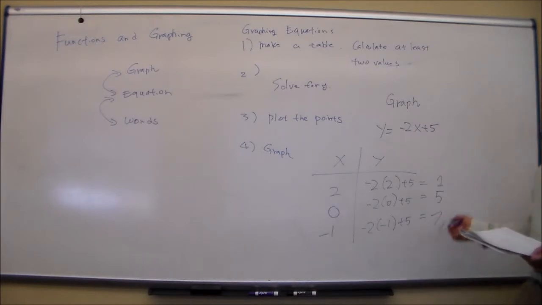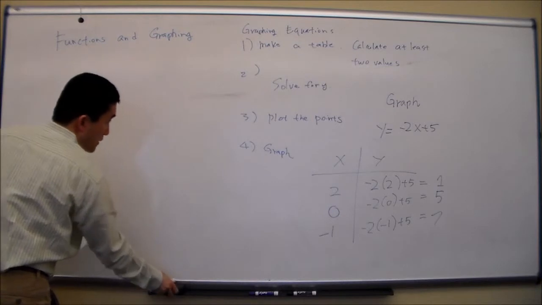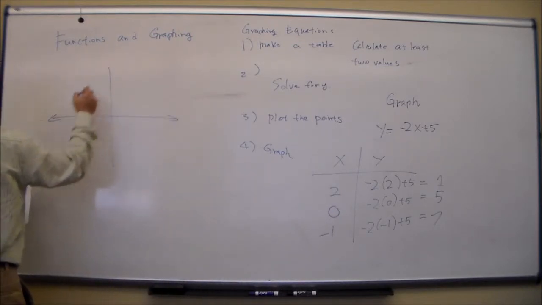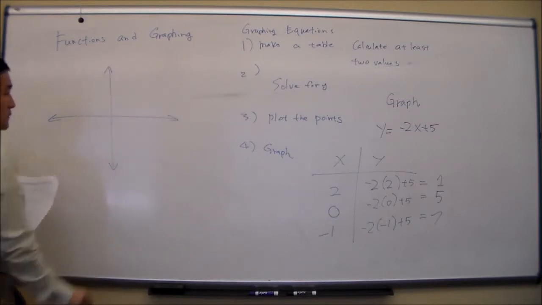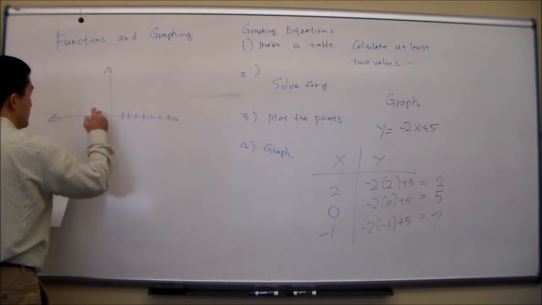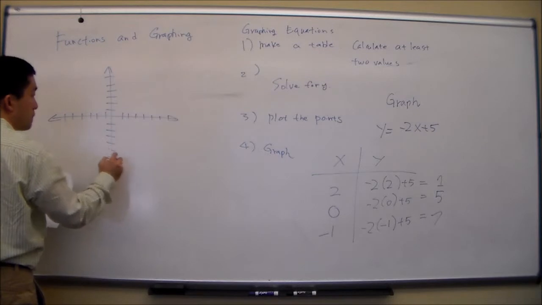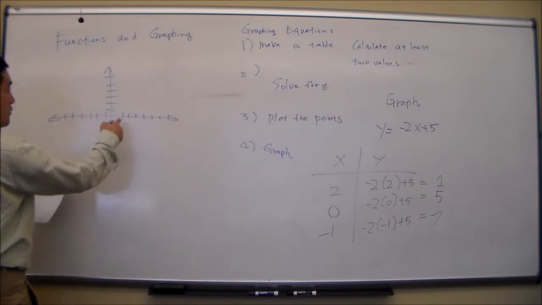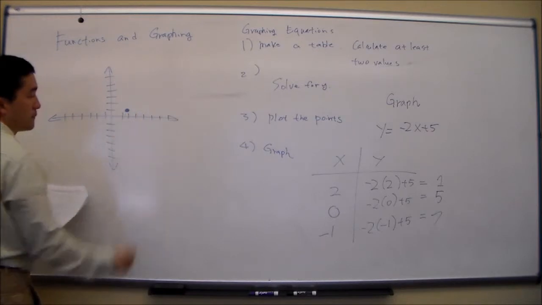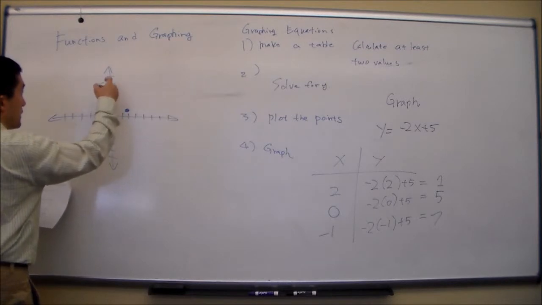Let's see if my calculations are correct. So here's your coordinates. 1, 2, 3, 4, 5, 6. So that's the first one, 2, 1. Where does it go? 2, 1 up here. 0, 5, 1, 2, 3, 4, 5.